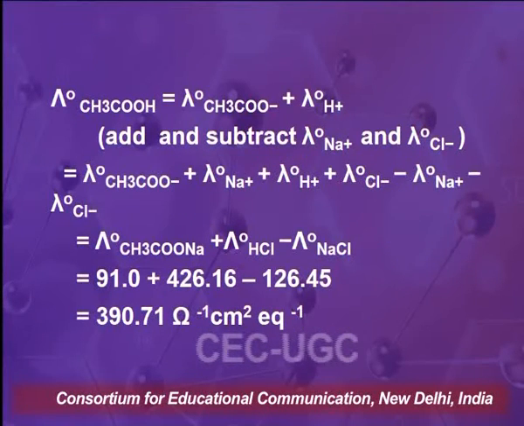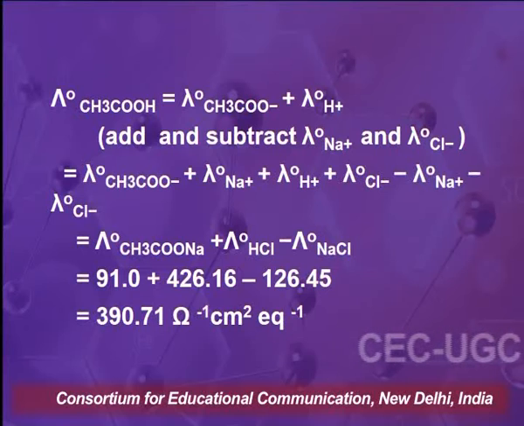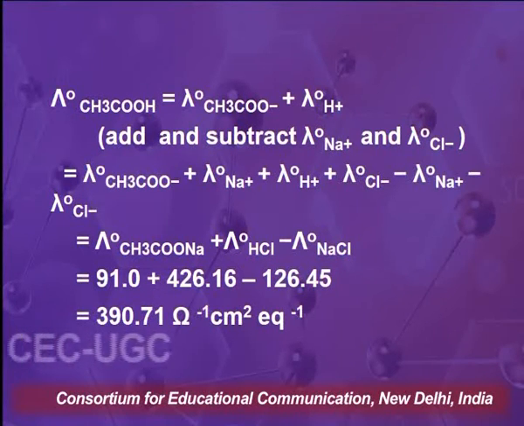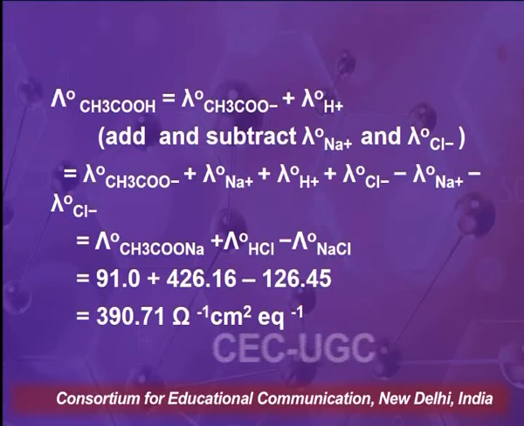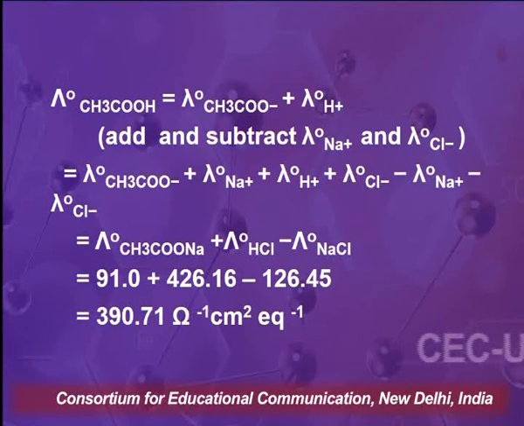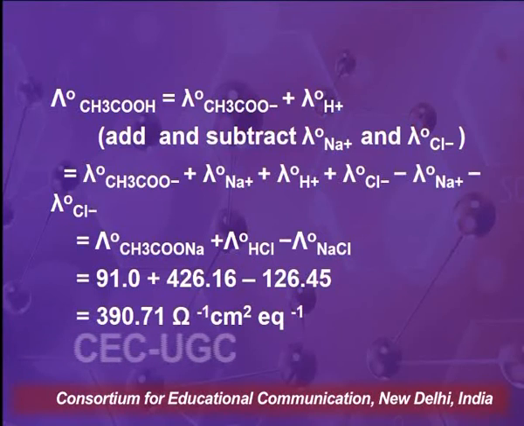The lambda naught acetic acid, which is equal to lambda naught sodium acetate plus lambda naught HCl minus lambda naught NaCl, comes out to be 390.71 ohm inverse centimeter square equivalent inverse.